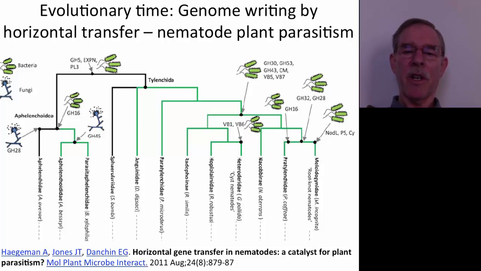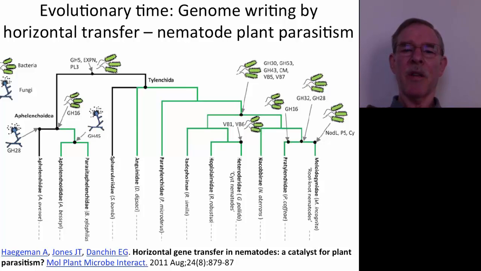And what's shown here is a taxonomy of plant parasitic nematode worms. And what's interesting is that different taxa or different groups have acquired different hydrolytic enzymes that they need from different bacteria and different fungi. So there have been multiple horizontal DNA transfers into these nematode worms.